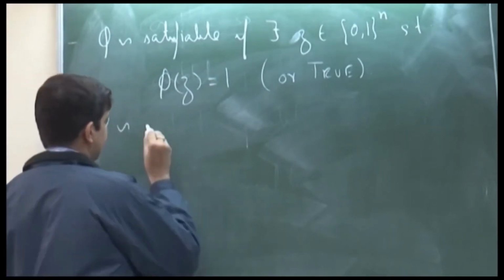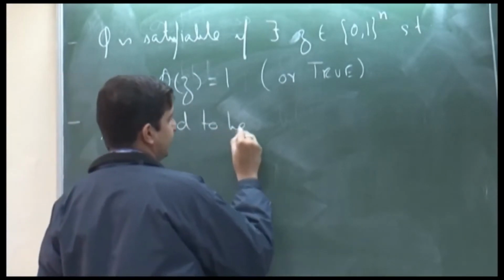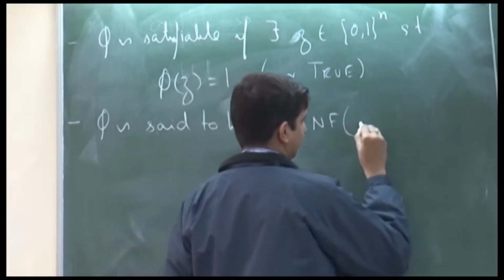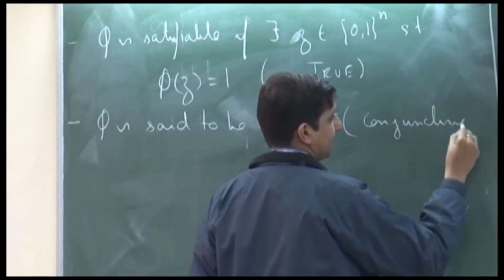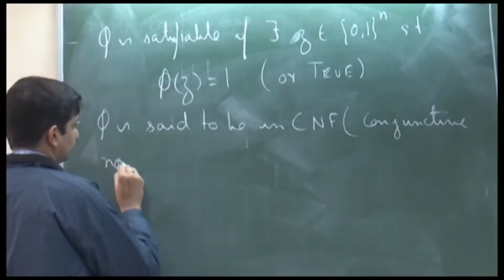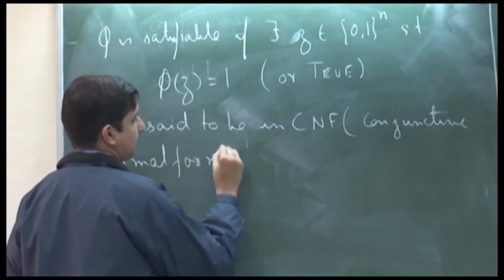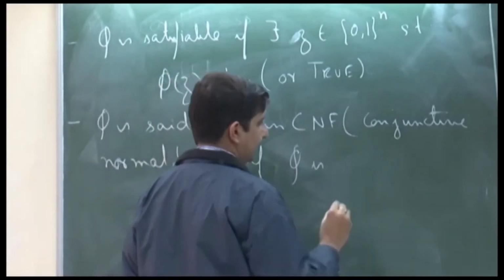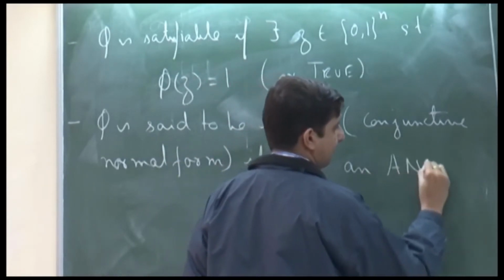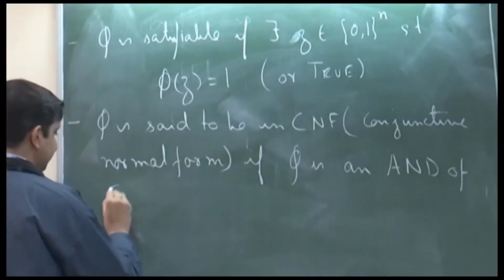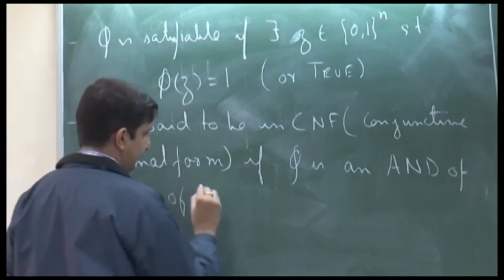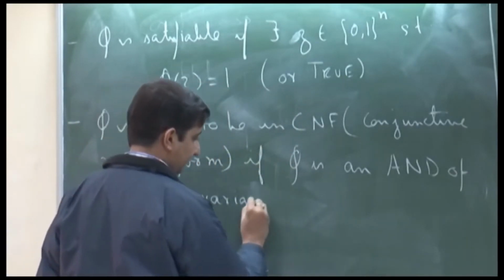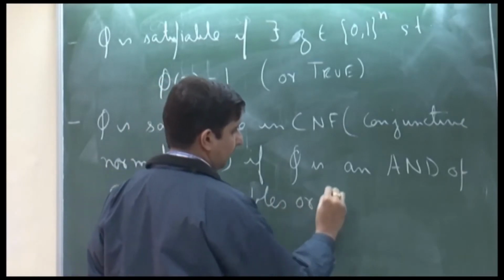So, phi is said to be in CNF, which stands for conjunctive normal form, if phi is an AND of ORs of variables or their negations.